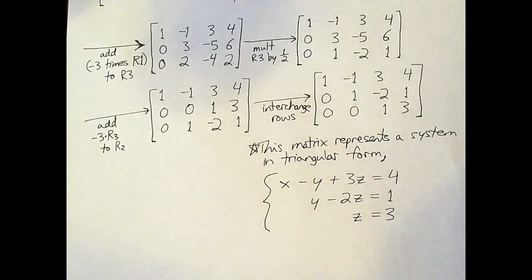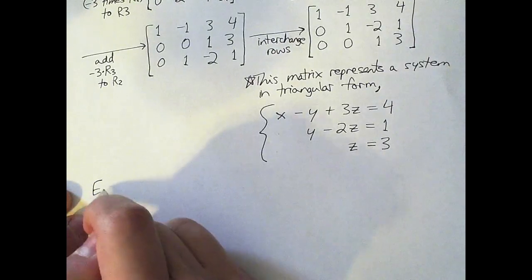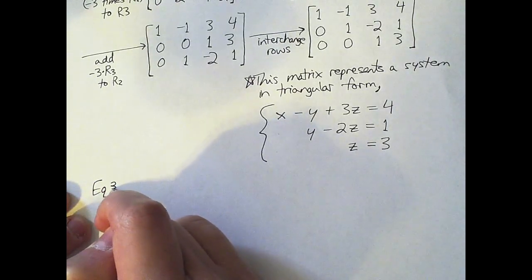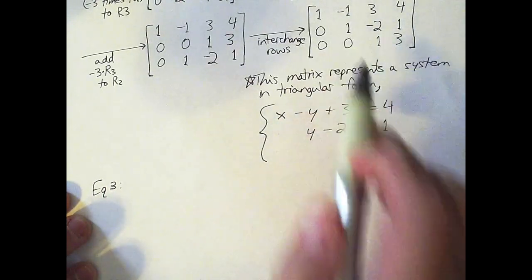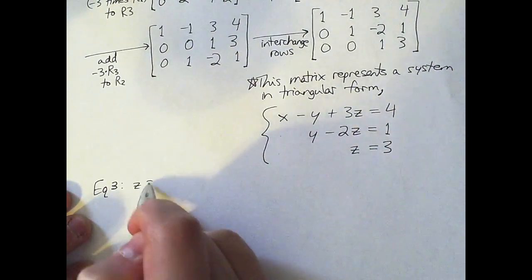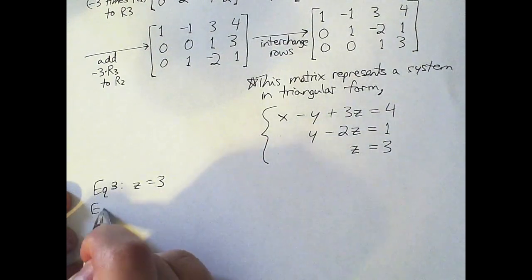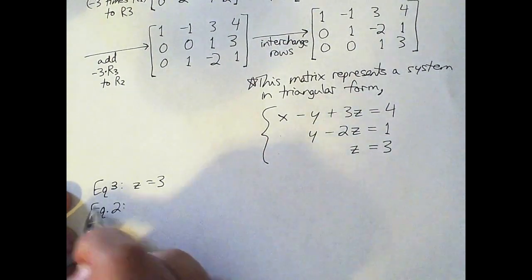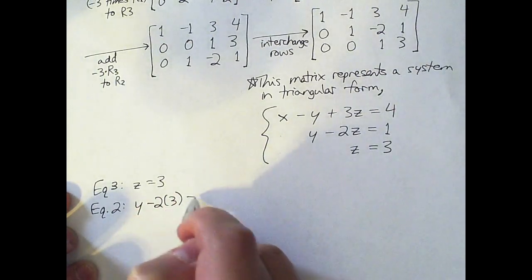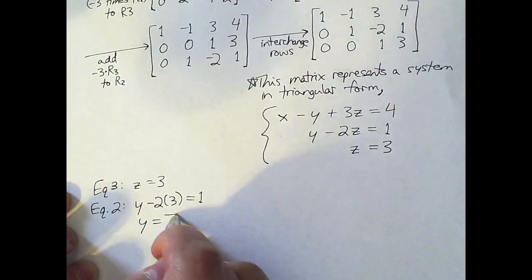And we use back substitution now, right? To finish solving, equation 3. Do you want to call it equation 3, or do you want to say we're just getting this from row 3? Well, either way, z is 3. Equation 2: y minus 2 times 3 equals 1, so y equals 7.